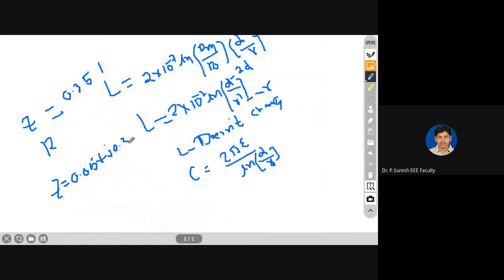Here, this is the R, this is the X. So the L and C unchanged. What about reactance? Reactance will be changed or unchanged? Yes or no? The L and C doesn't change. X will be unchanged. So X will be having same value, j0.35. Here also j0.35. X is unchanged.